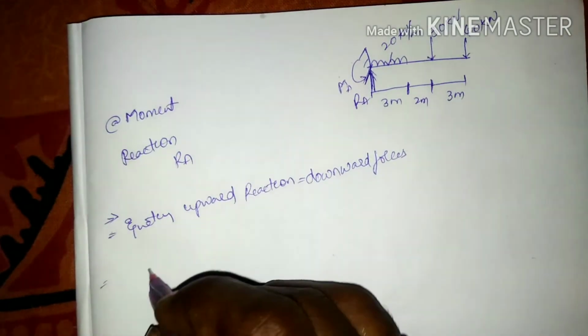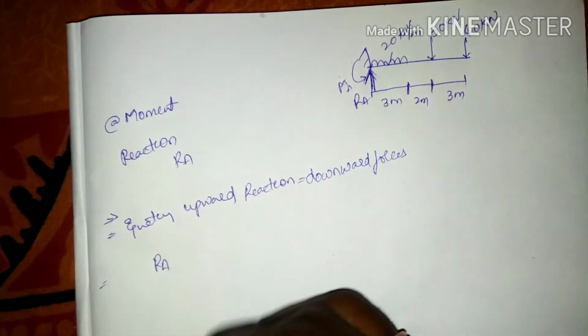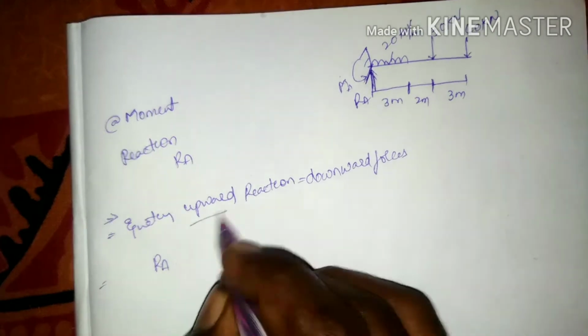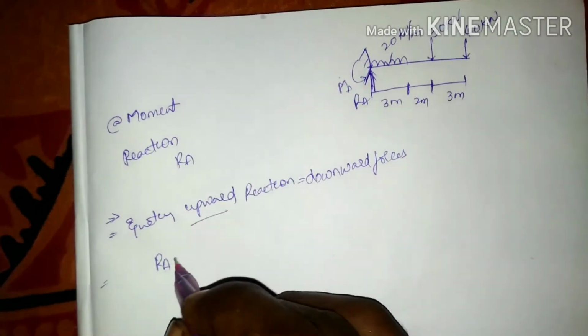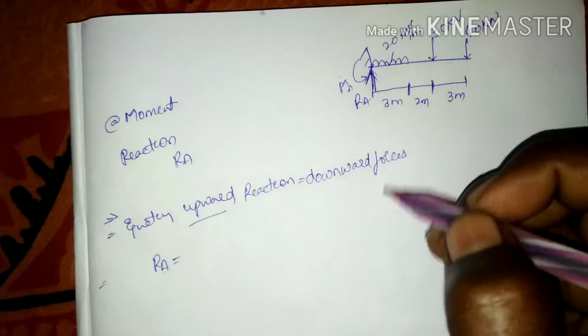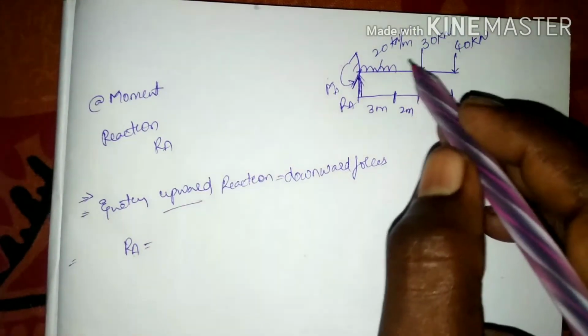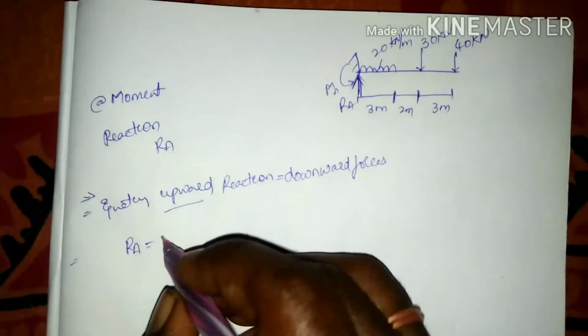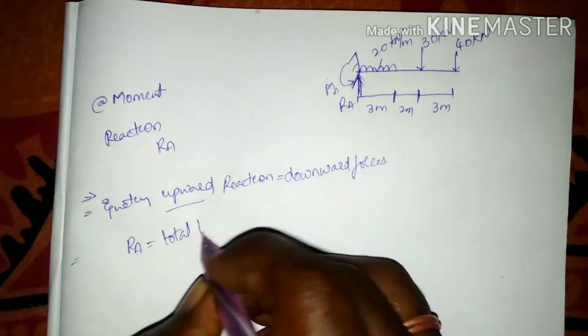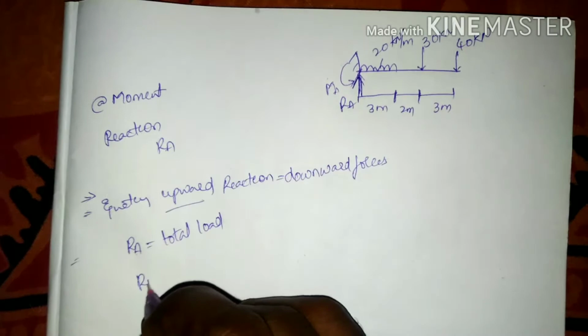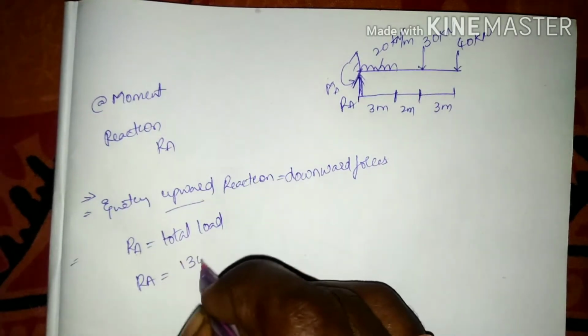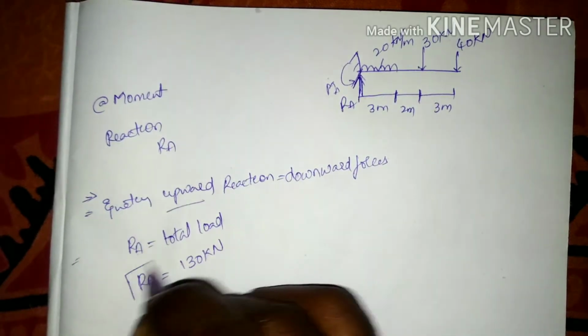For this, we are having only RA in the upward direction, that is RA is equal to downward forces, that all should be in kilonewtons, so that we are going to take that total load. RA is equal to total load on beam is equal to 130 kilonewtons.